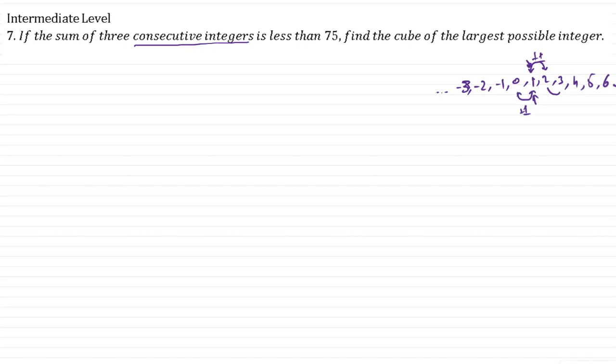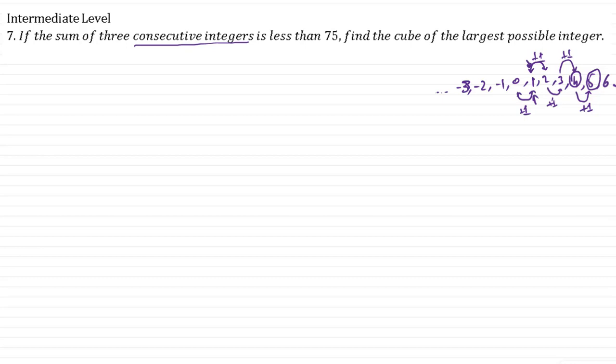If we add 1 to 2, it will become 3. If we add 1 to 3, it will become 4. And if we add 1 to 4, it will become 5. So by adding 1, we will get the next integer.